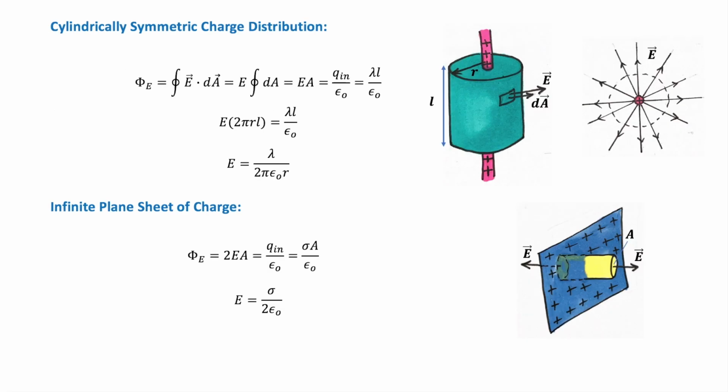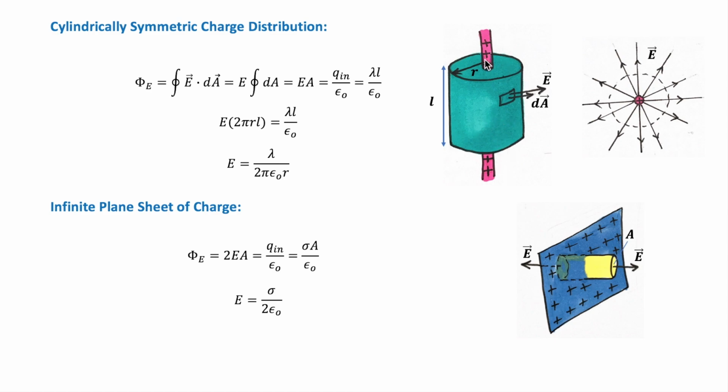So, we will now consider the example of a continuous cylindrically symmetric charge distribution. Let's consider a line of positive charge of infinite length and of a constant charge density per unit length lambda. Because the line is infinite, the field is the same at all points that are equidistant from the line, regardless of where we choose the vertical position, right?